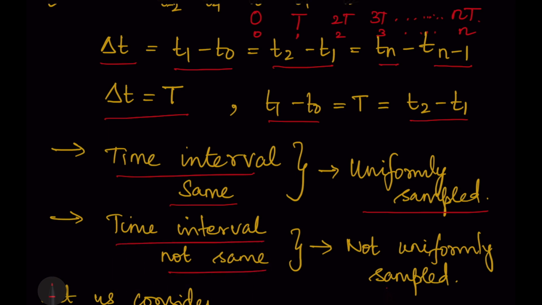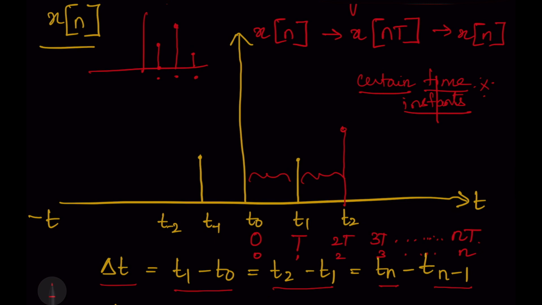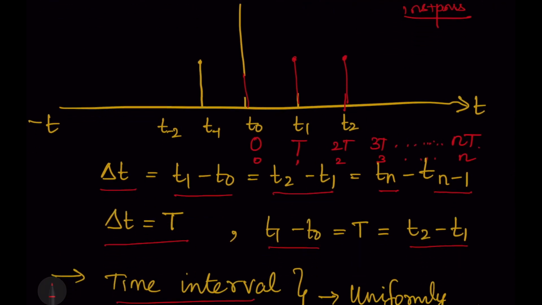Let me repeat this concept. You are having signals which are defined at discrete instances of time. So let me have the same signal being plotted here. Discrete instance of time. So what happens here? Del t is taken as the difference between the two signals, T1 minus T0, T2 minus T1. In turn, the nth one becomes Tn minus 1.